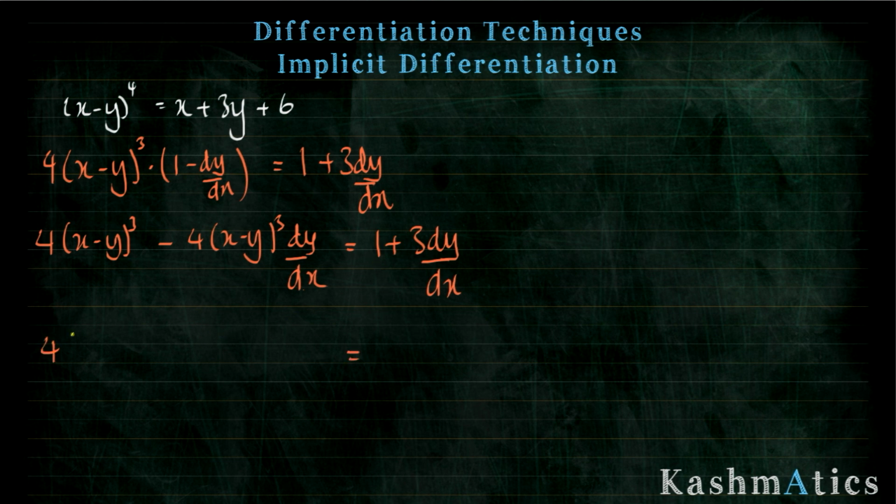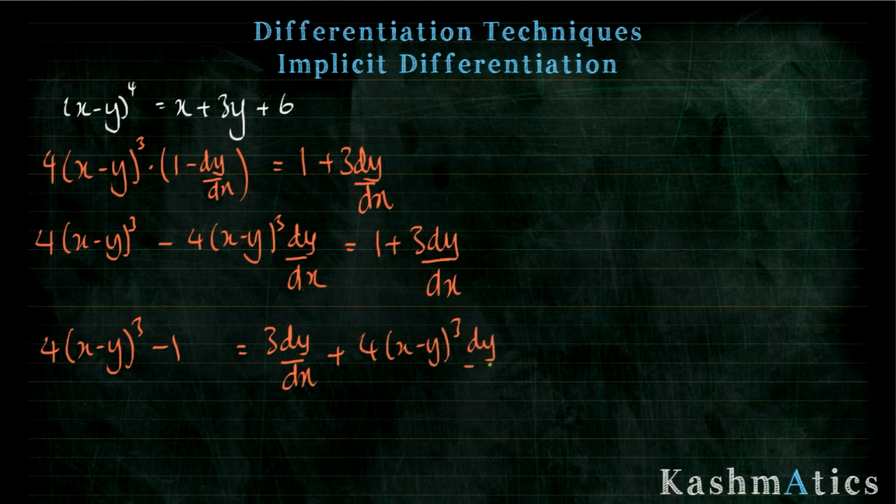So I get 4 (x minus y) cubed take away 1 on the left equals 3 dy by dx plus 4 (x minus y) cubed dy by dx. I've got two terms with dy by dx over here, so let's factorize that.